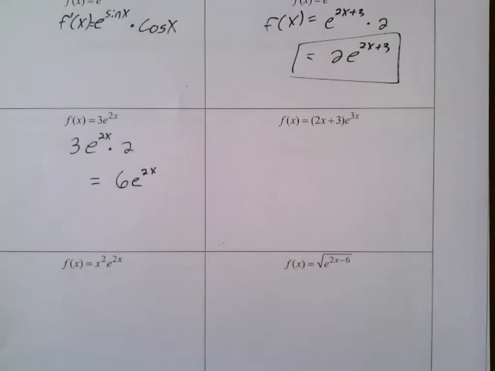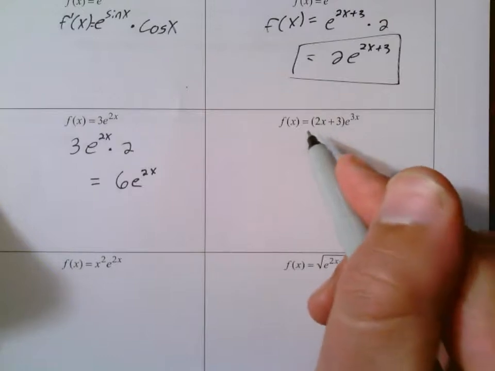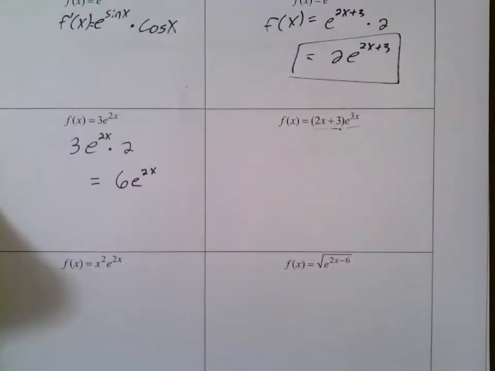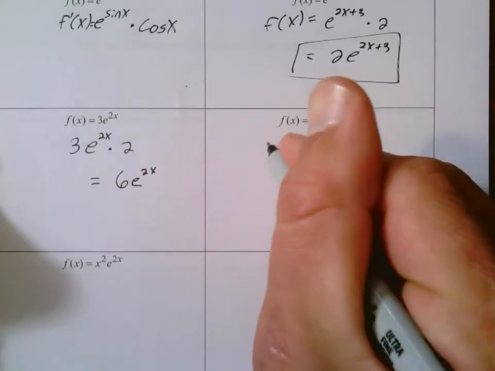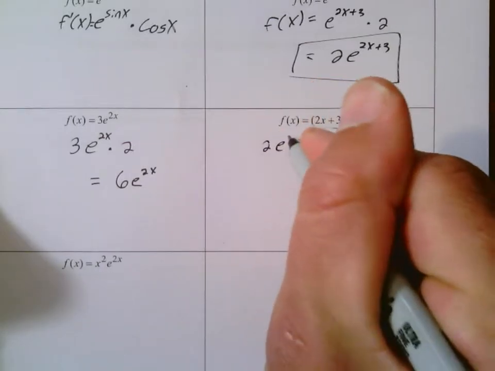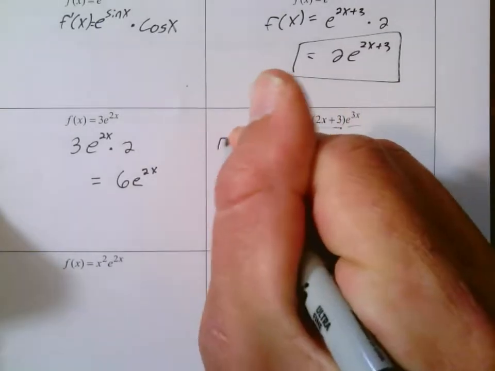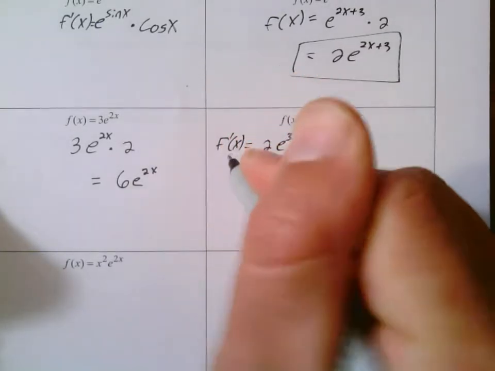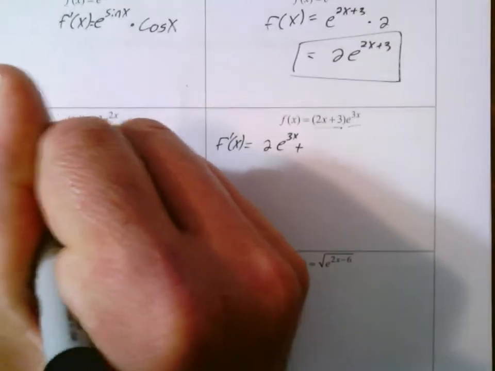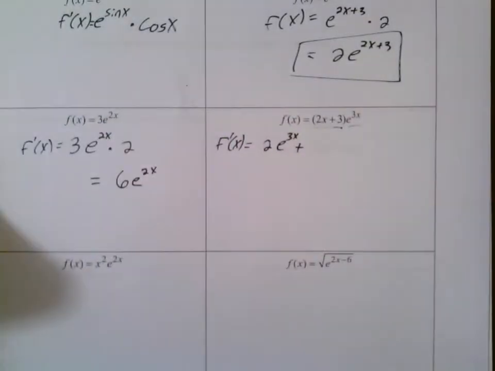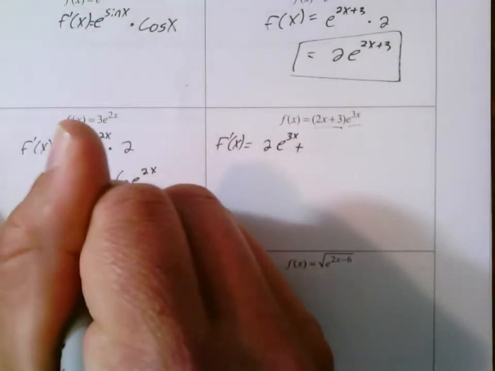Alright, here it looks like we're going to have chain rule and product rule. So you've got your two parts here. You've got your first part and second part, as I call it, f of x, g of x. So it's the derivative of the first part, which is 2, times the second part, e to the 3x, plus, let me mark my notation down so we don't get confused of what we're doing here.